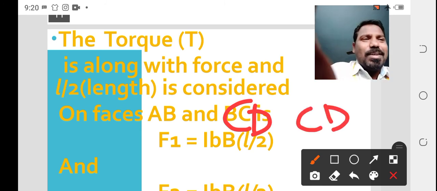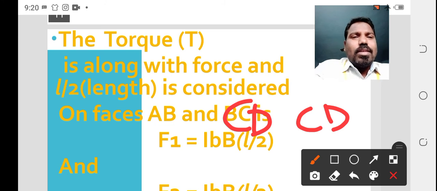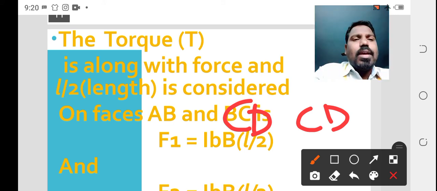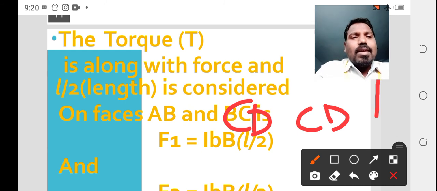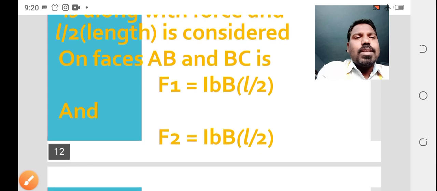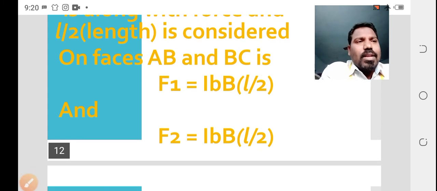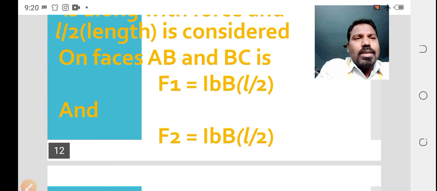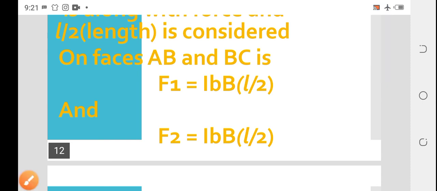Sorry, there is a mistake. So on faces AB and CD we consider F1 and F2. Let's see, on face AB the force is F1, with a line of force that is L by 2, IBb of L by 2.